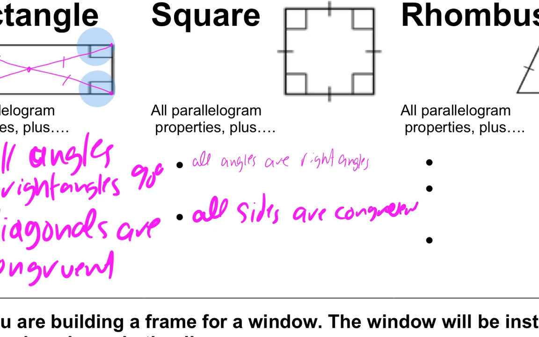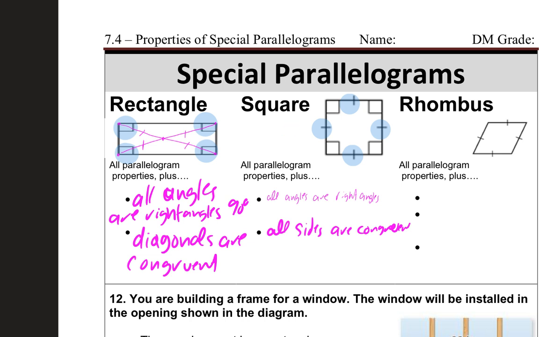That means all of these have equal measure, and that's how we indicate it. That tells us all four sides are the same. And so that's the difference between a rectangle and a square. On a square, all sides are congruent, and it has four right angles.